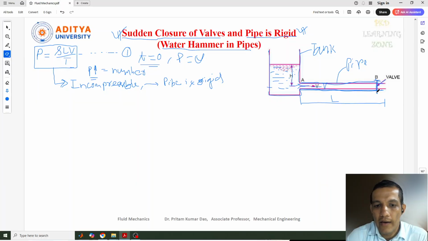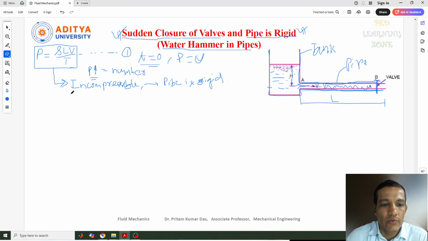Now, again, when you suddenly close this, a wave will be formed, and that will create a high pressure. As I told you previously, when you close the valve suddenly, because we are obstructing the fluid flow, which was flowing at a velocity of v, a wave of high pressure will definitely be created.